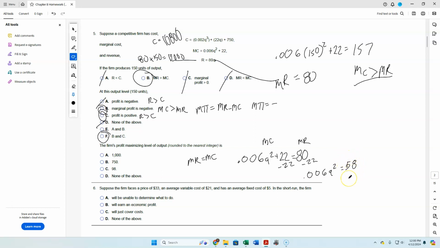And now I'm going to divide each side by 0.006. And then we get Q squared equals 9666. Oh my god, it's the devil. And then I'm going to take the square root of both sides.